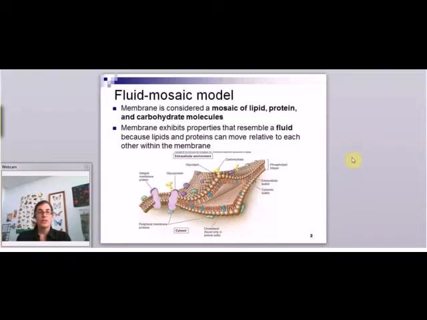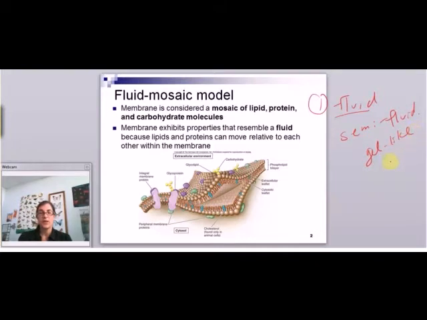So what we understand about the membrane is summarized in this idea of the fluid mosaic model. The fluid mosaic model has two parts to it, captured by the name. The first part is fluid, which is that the membrane is a semi-fluid. This is going to dictate some of its behavior. It's almost more jelly-like.